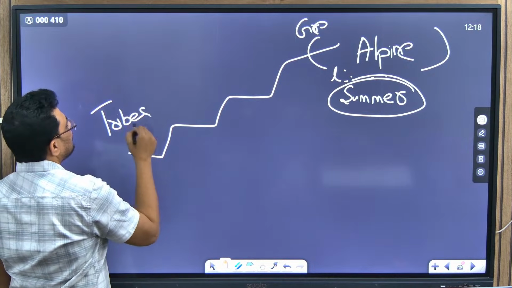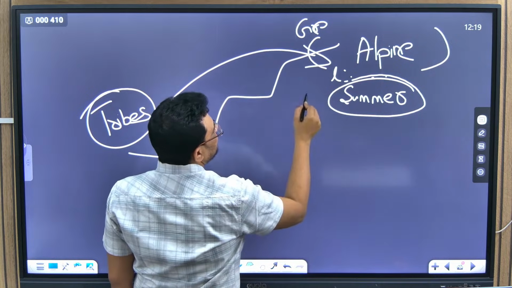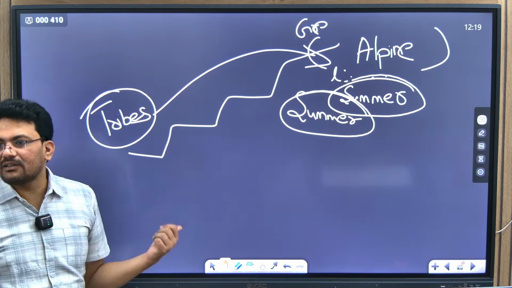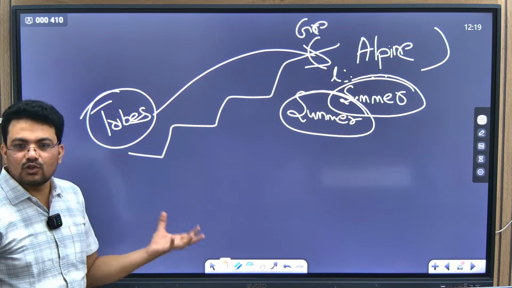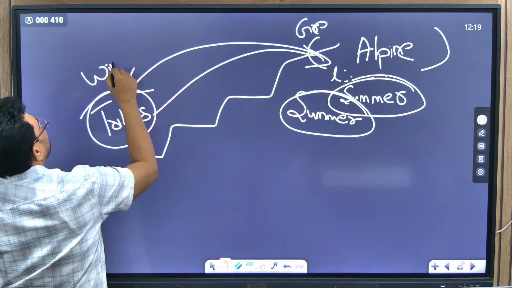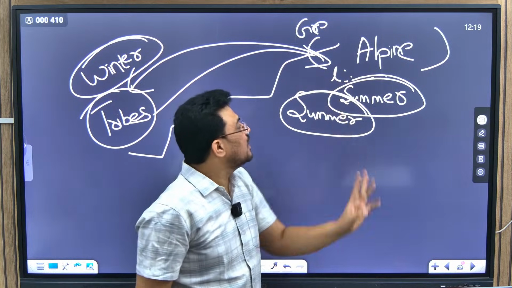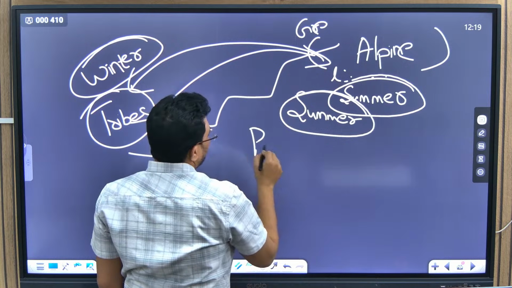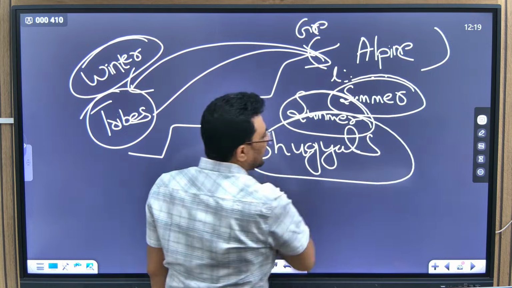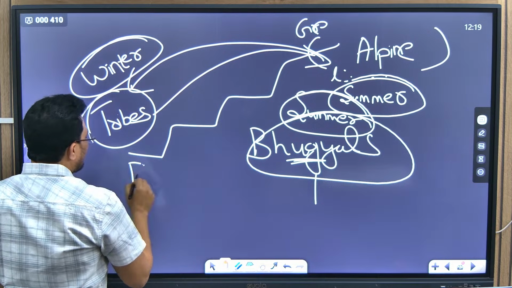Some tribes are living here. These tribes go to this region in the summer because the cattle will have the alpine grass and will have good growth. So they go in the summer season and in the winter season they come back to the lower region because the climate is very harsh here. These grasslands are called by the local name Bugyals. Okay, Bugyals are the grasslands, G for grassland, and Bhutias are the tribe.